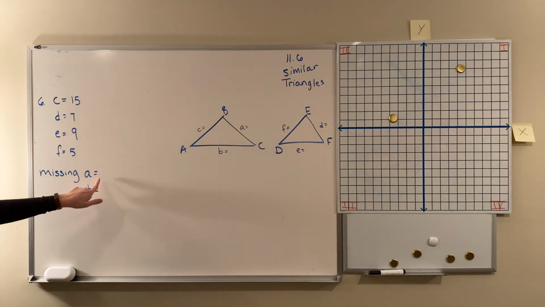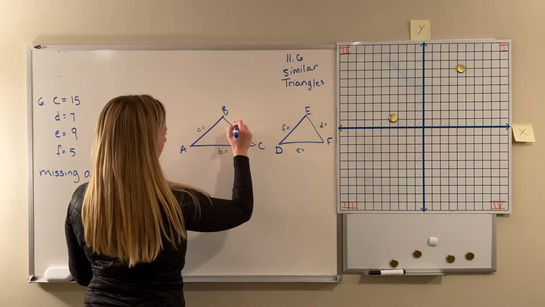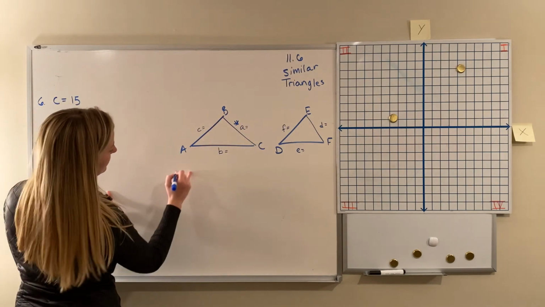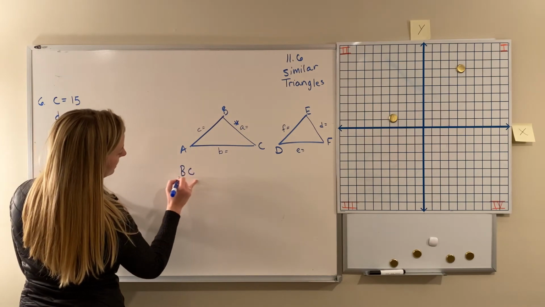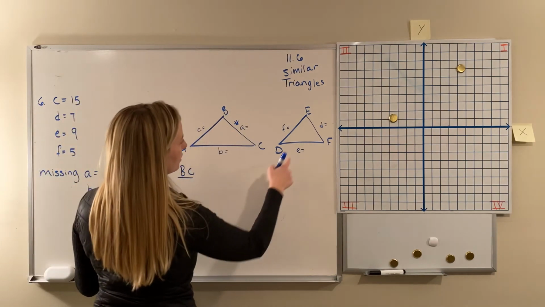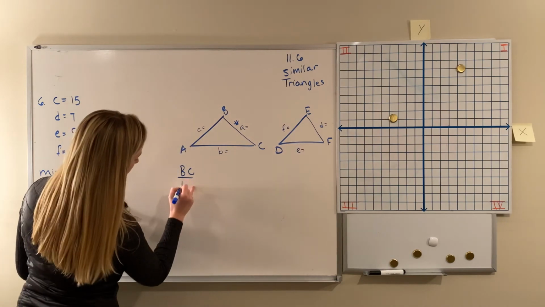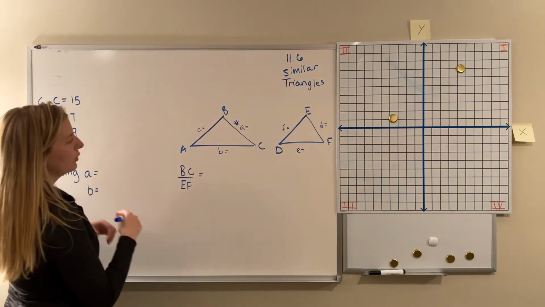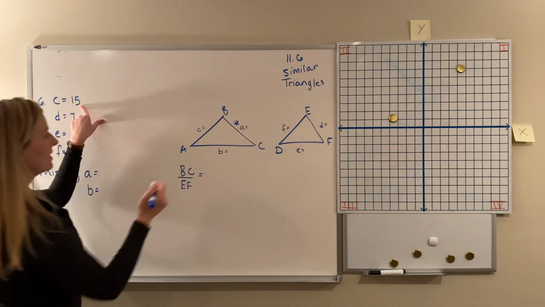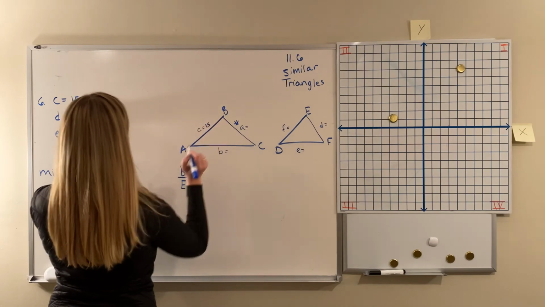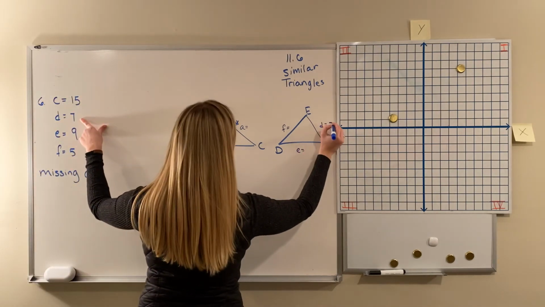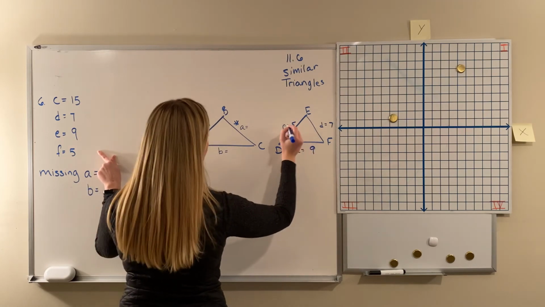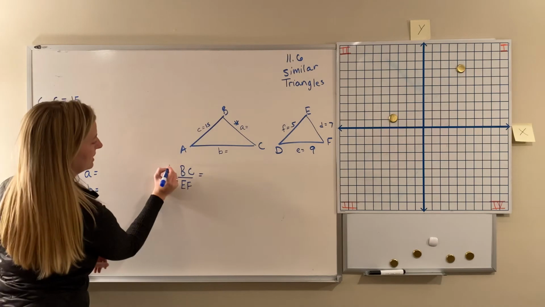So we're going to start with a. I'm going to start here. So I have lowercase a comes from the side BC, and BC corresponds to EF. And then I have to pull wherever I have information. They told me that c is equal to 15, d is equal to 7, e is equal to 9, f is equal to 5. So BC is my missing value.